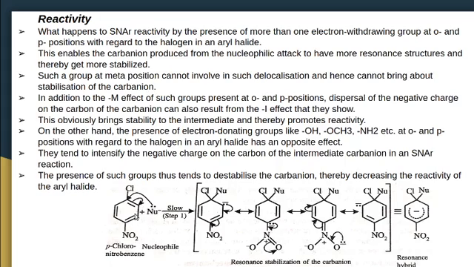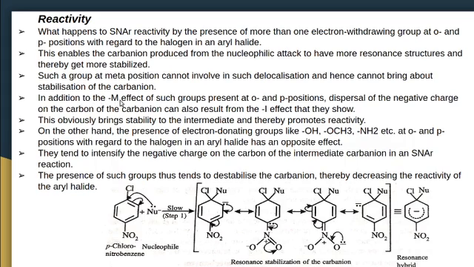So only the groups present at ortho and para positions can contribute stability by resonance. But an electron withdrawing group at the meta position cannot contribute to the stability.